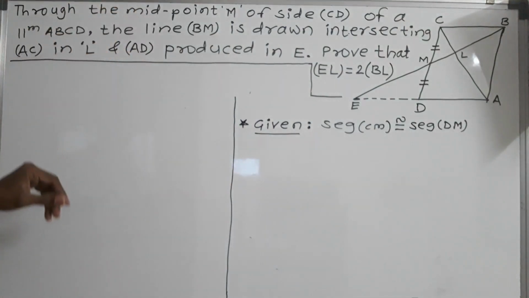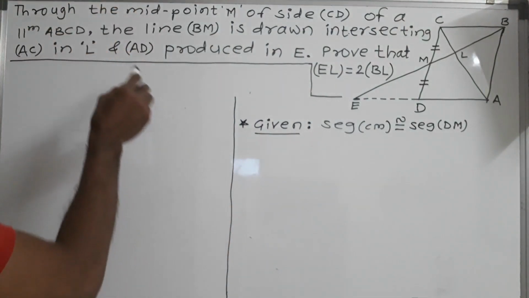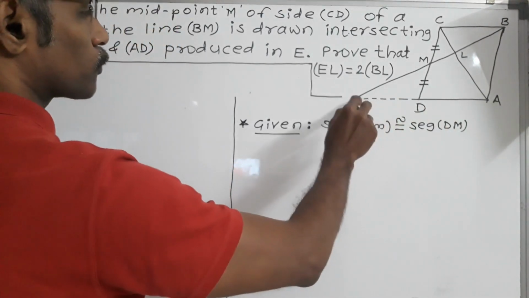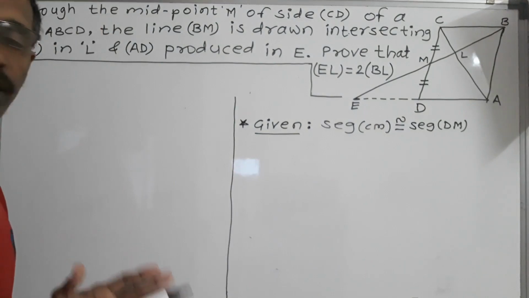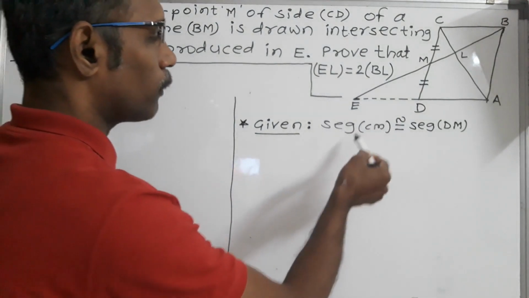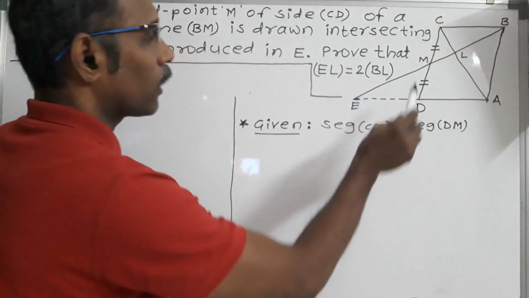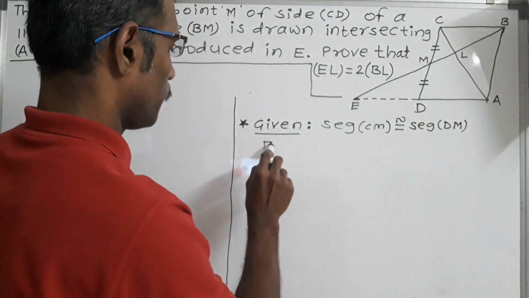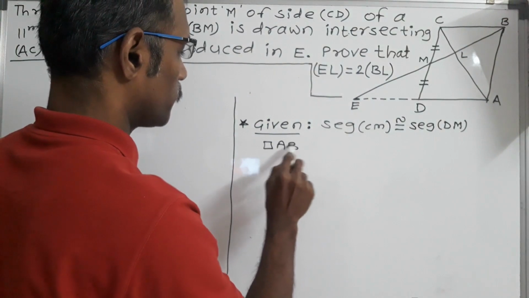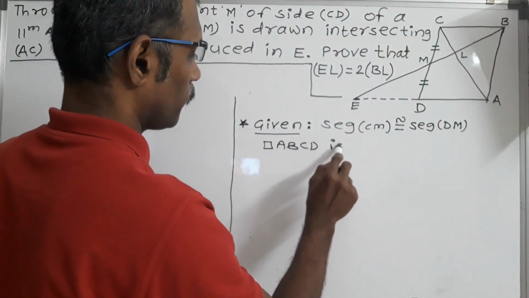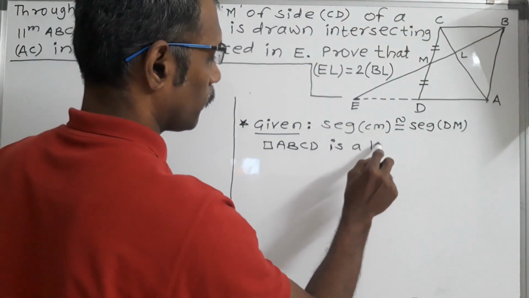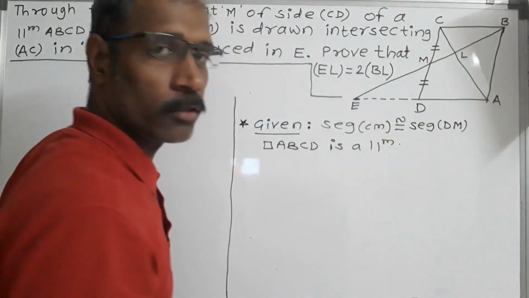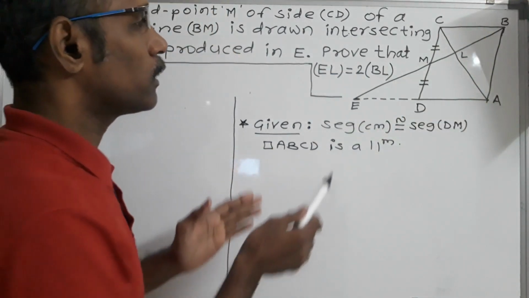Next, AD is extended or produced to E. Now this is our given. Quadrilateral ABCD is a parallelogram, and therefore opposite sides are congruent as well as parallel.